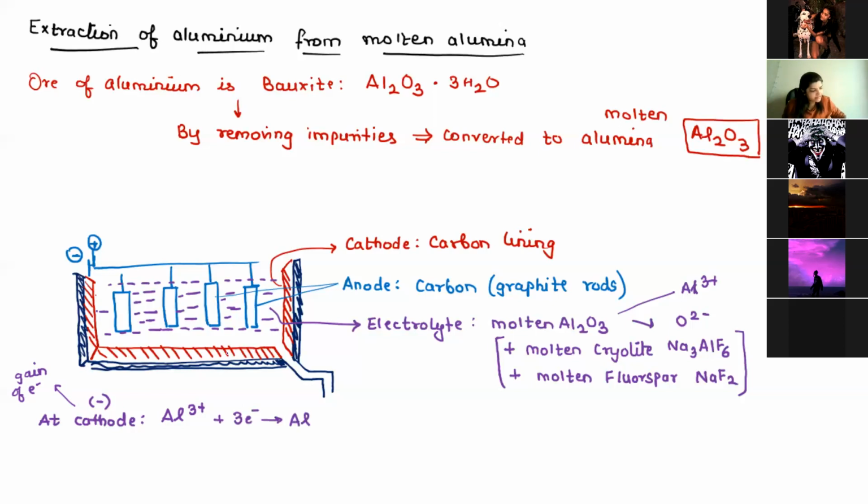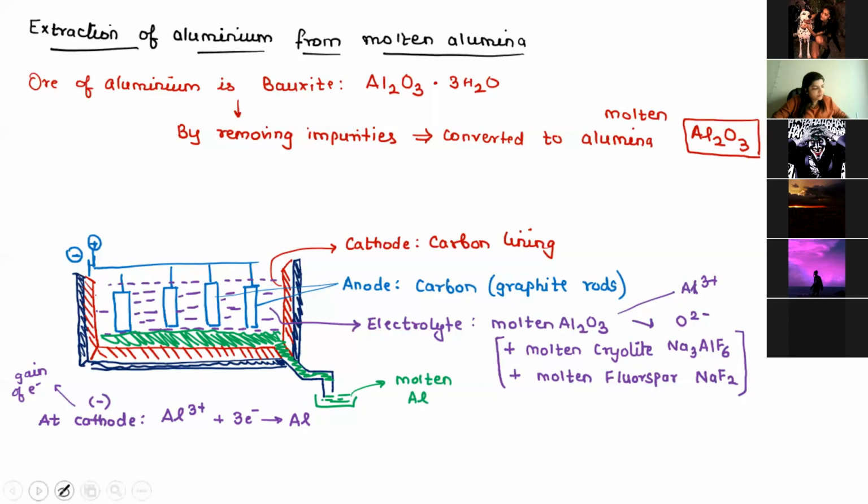Since this red color below is my cathode, the molten aluminium will settle over here. And since there is an outlet over here, all the molten aluminium will be collected over here.